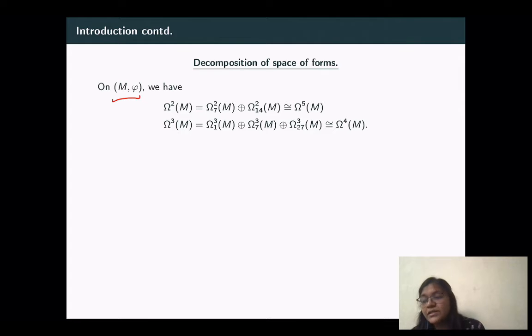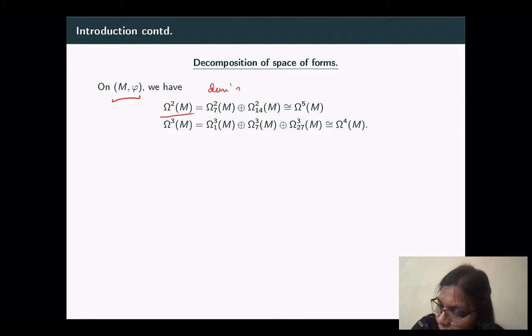All right, so since we have this action of the Lie group G2, we have this decomposition of the space of 2-forms into irreducible representations of G2. The space of 2-forms decomposes into two subspaces, one of dimension 7 and one of dimension 14. These dimensions are pointwise.